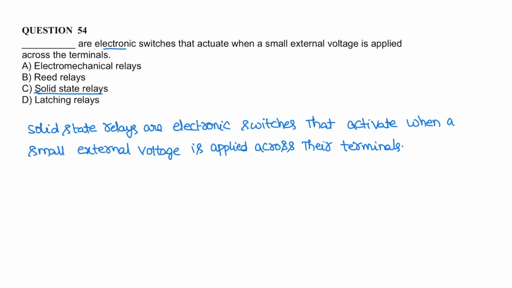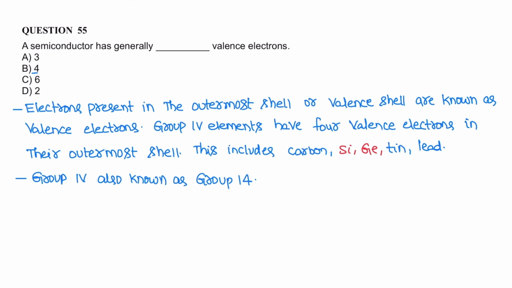Next question. A semiconductor has generally dash number of valence electrons. A semiconductor has generally 4 valence electrons. Electrons present in the outermost shell, or valency shell, are known as valence electrons. Group 4 elements have 4 electrons in their outermost shell.